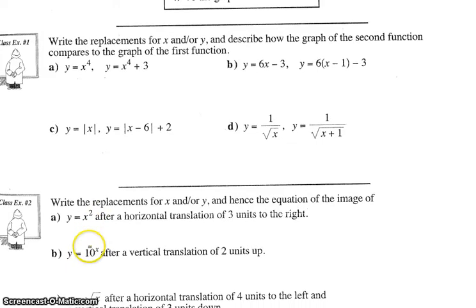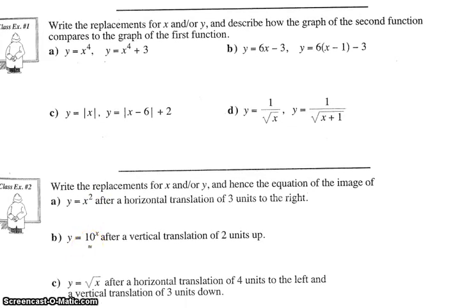Okay, hopefully you remember everything from lesson 1. Write the replacements for x and y, and describe how the graph of the second function compares to the graph of the first function. So let's look at what's happened here. What's different? Well, plus 3 is there, which wasn't there before.